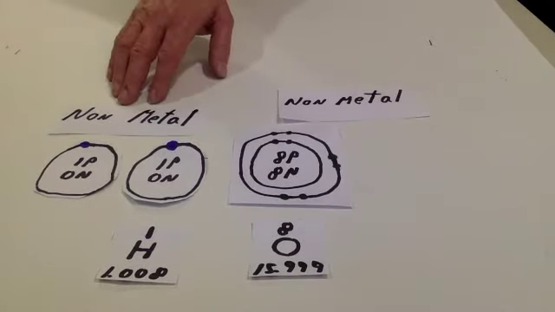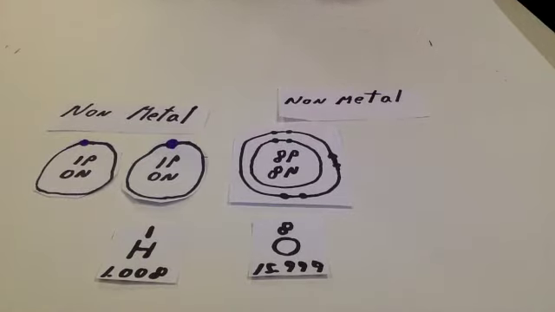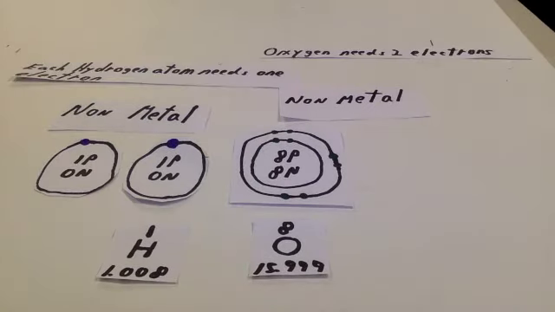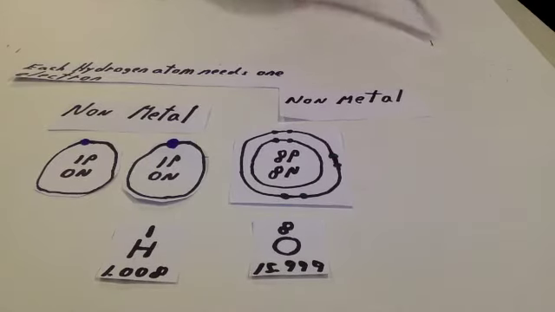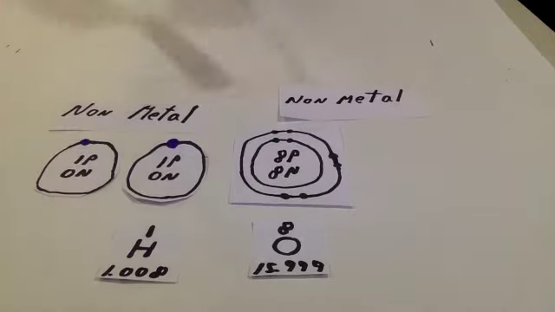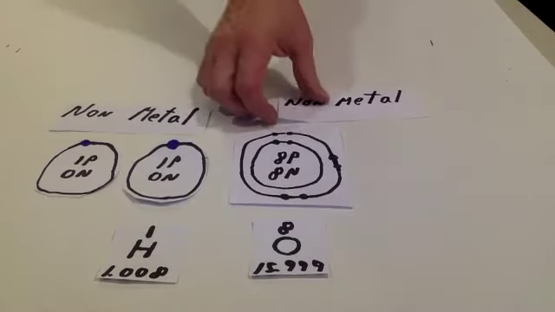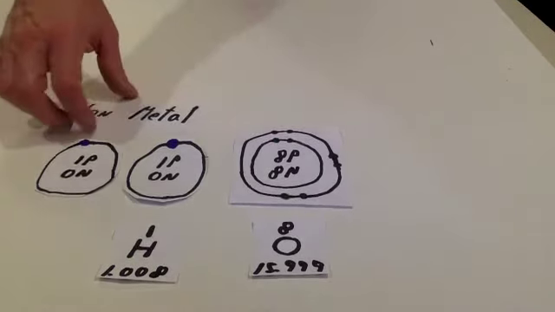In this case, we have a nonmetal bonding to a nonmetal, so it's going to be a covalent bond. So now that we know that oxygen is going to bind to these 2 hydrogens by a covalent bond, the next question is, what type of covalent bond will it be?